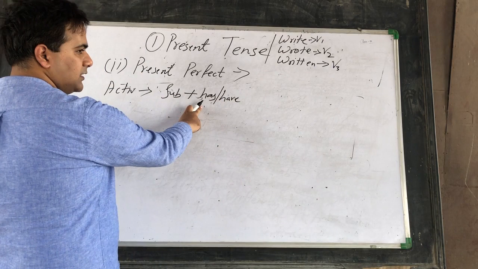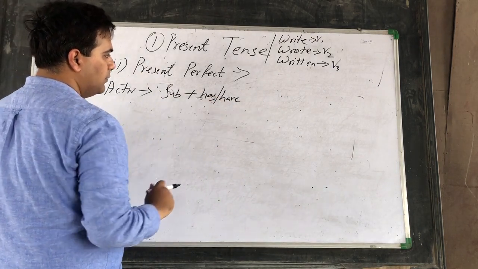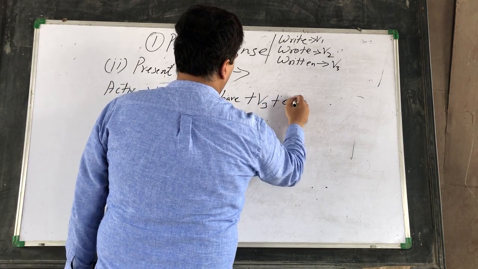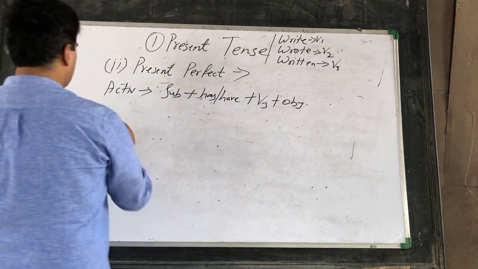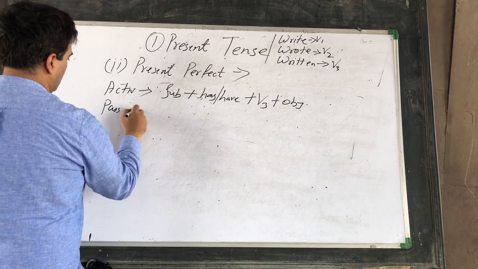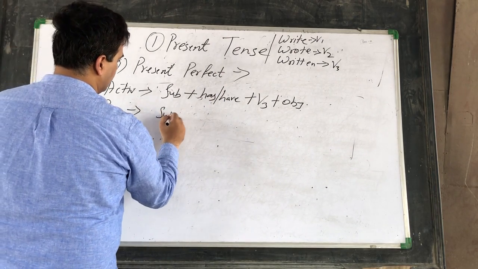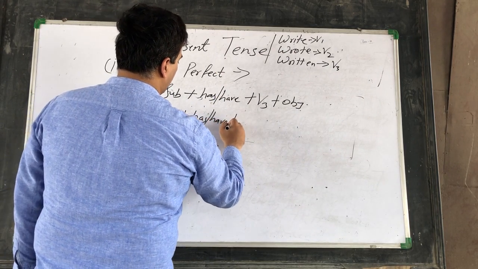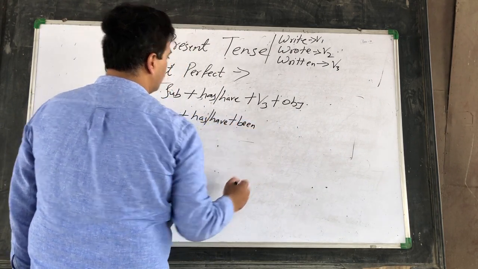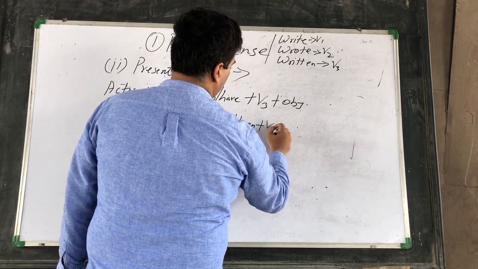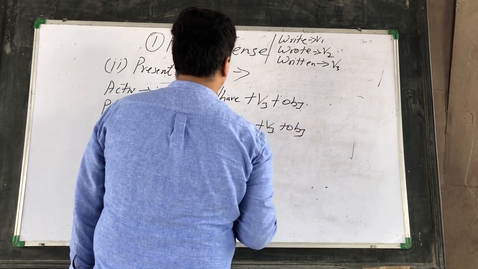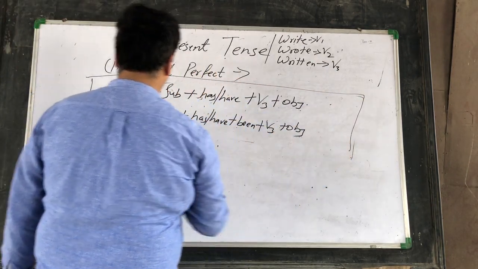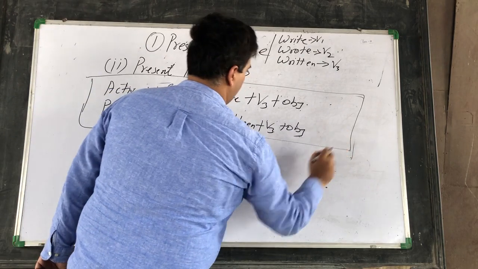Has is used for the singular, have is used for the plural. Then verb third form, then object. But in the passive, it will become subject plus has, have plus been, then verb third form, then the object.